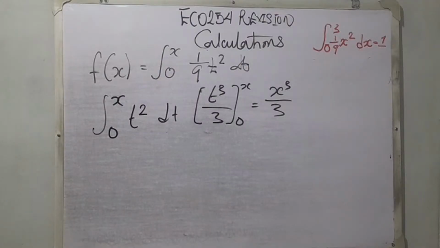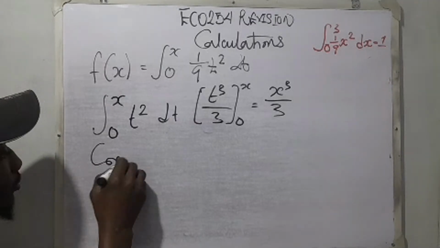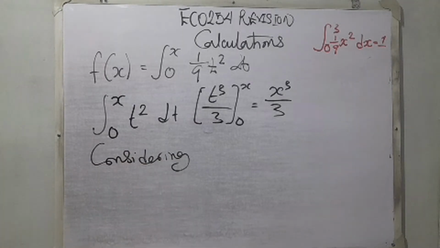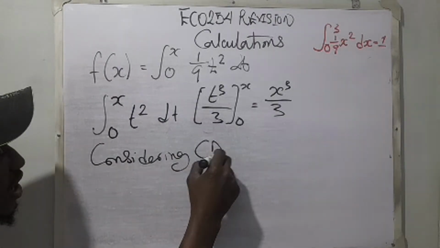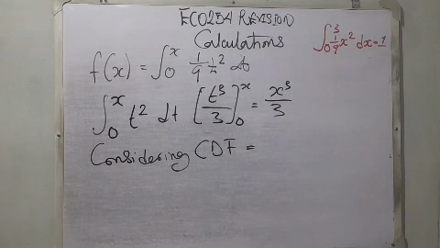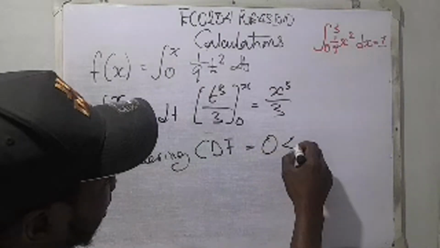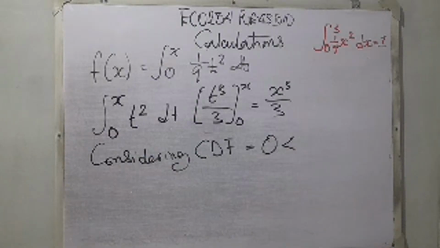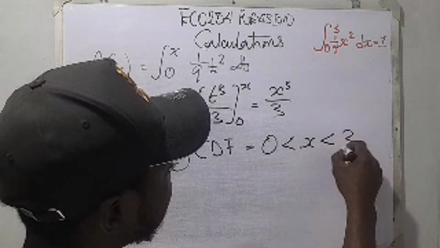Now, the cumulative distribution function, therefore, all these basically are trying to interpret the formula. So now let's plug things in properly. Considering what we're given, CDF, cumulative distribution function for 0 less than x and x less than 3.